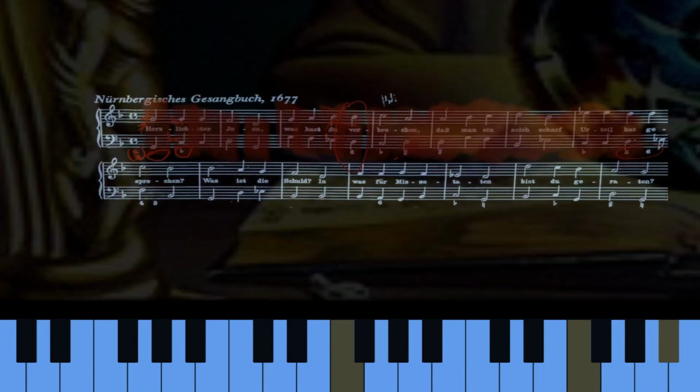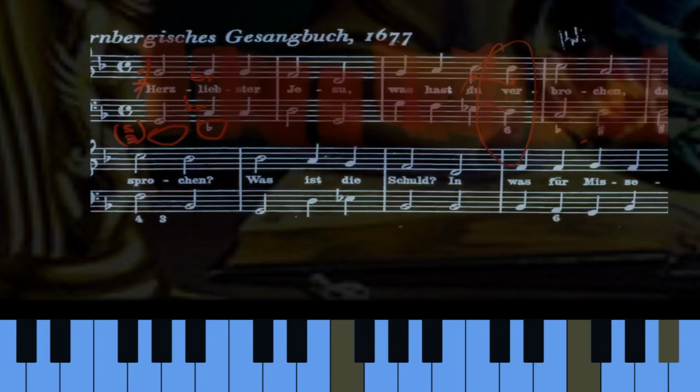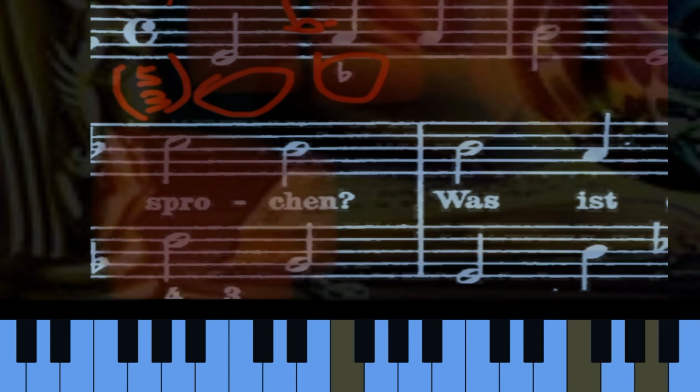Here you have a 4 3, so that means F major sus, with a fourth as a suspension. This fourth is not part of the chord; it means something about the voice leading, just a melody, 4-3.